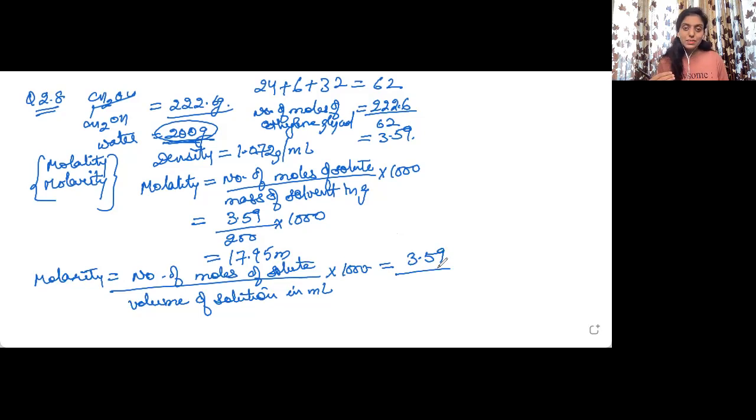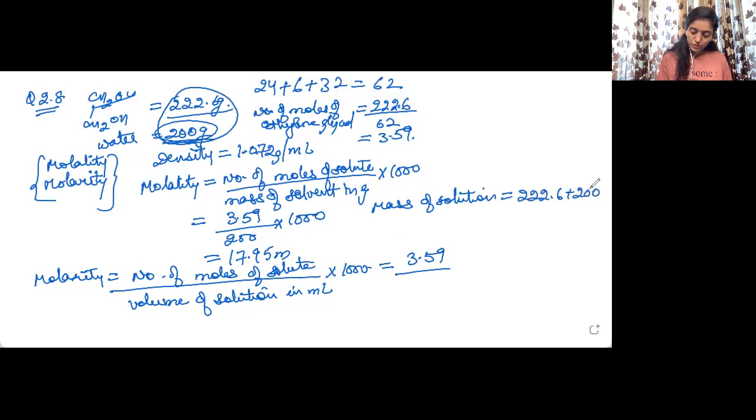We have been given the density and we need to know the mass of the solution. So mass of the solution will be mass of the solute plus mass of the solvent. So 222.6 plus 200, 422.6 gram.